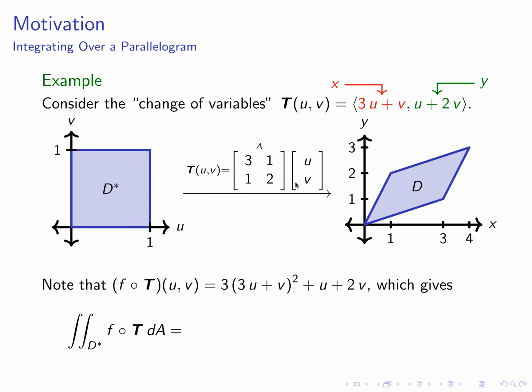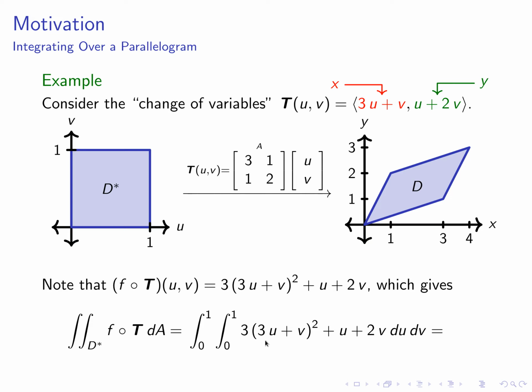So now, instead of taking a double integral of the original f over the region D in xy space, we're going to take a double integral of our composition over the unit square in uv space. So we're taking a double integral of the density function 3 times the quantity 3u plus v squared, because that's what x is equal to, plus the quantity u plus 2v, because that's what y is equal to.